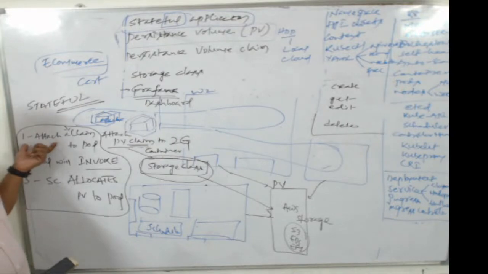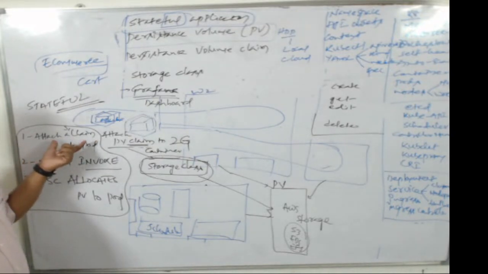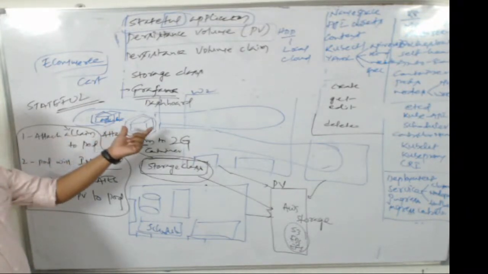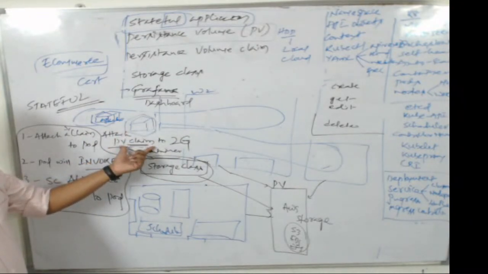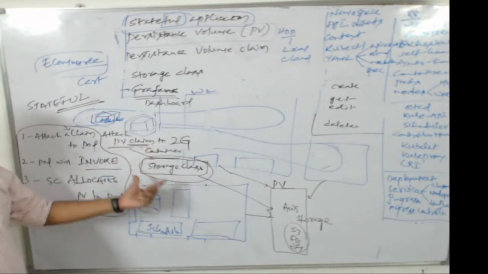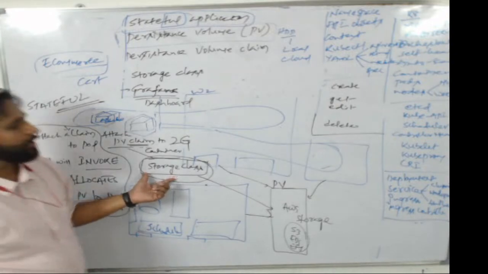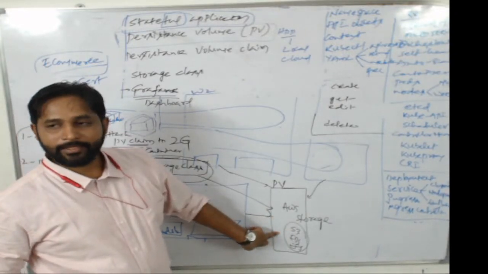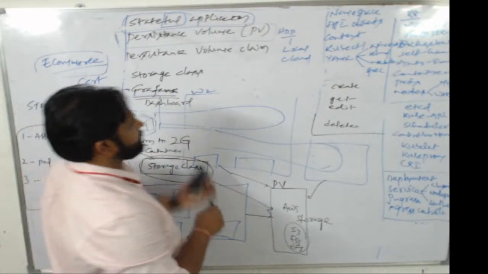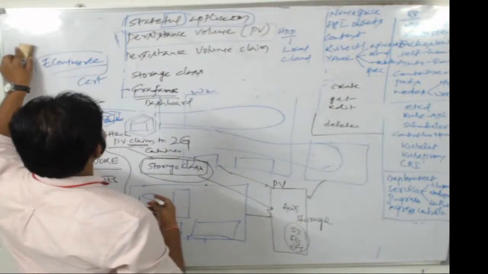So a pod uses its PV claim through a storage class to get the PV. That's your single sentence, let's put it that way.